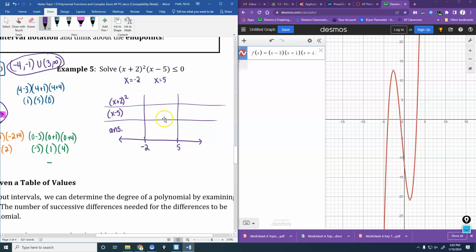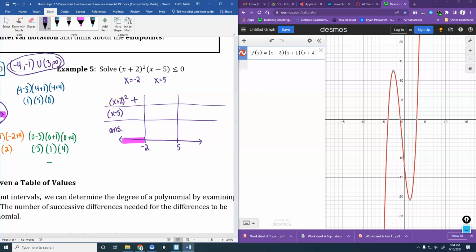So if I look at x plus 2 squared, I'm going to think, what if I pick a number less than -2 and I plug it in? Maybe like -3. If I plug it into this, I'll get -3 plus 2. That'll give me a -1. But then I will square it and it will become positive.